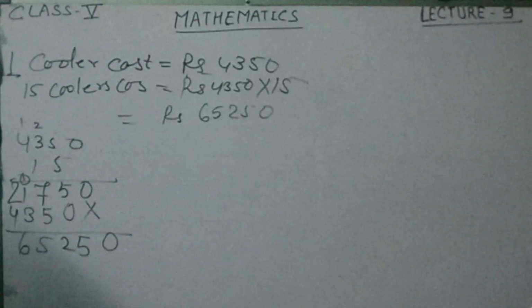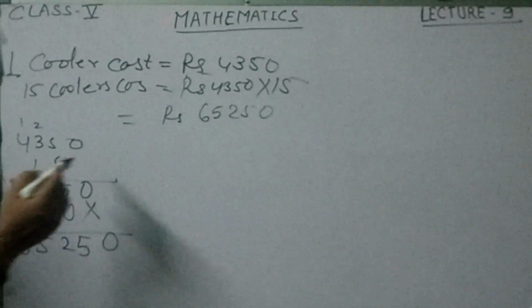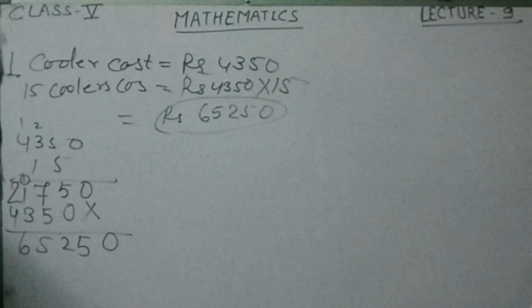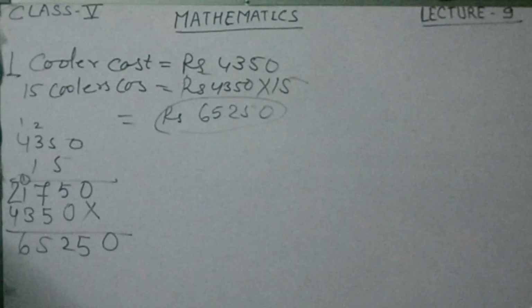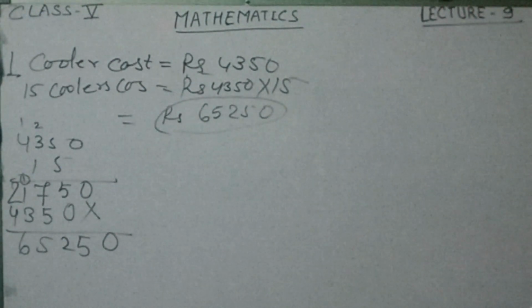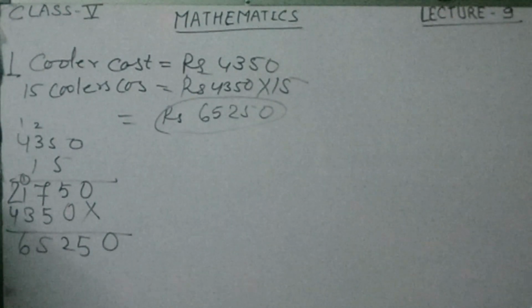One cooler costs 4,350, then the cost of 15 coolers is 65,250 rupees. That means if the cost of each is given and you have to find the cost of more, then you have to multiply the numbers together.